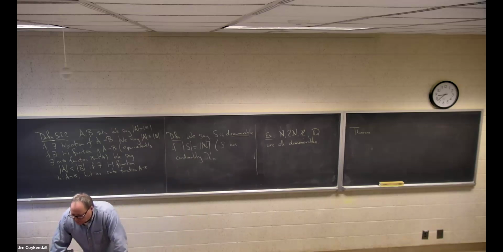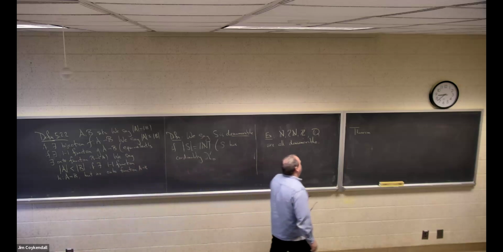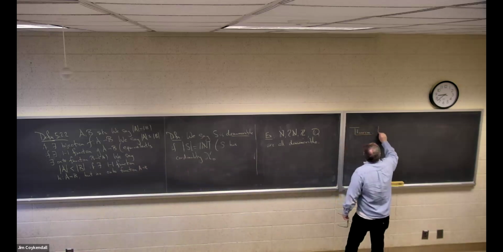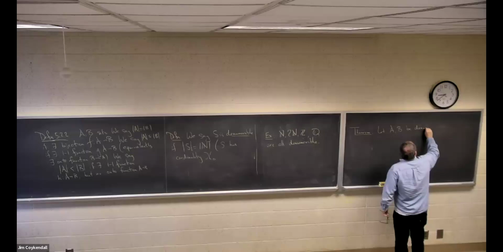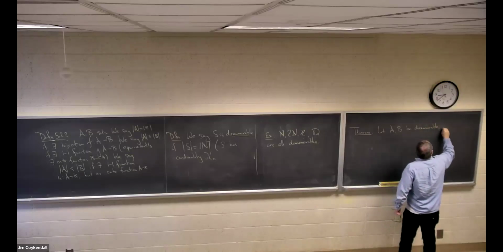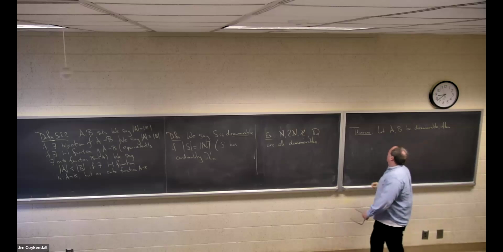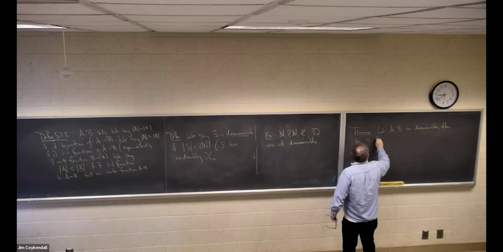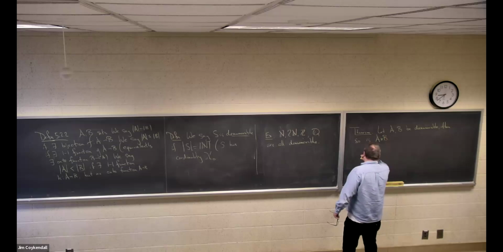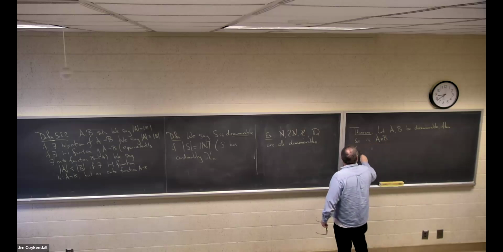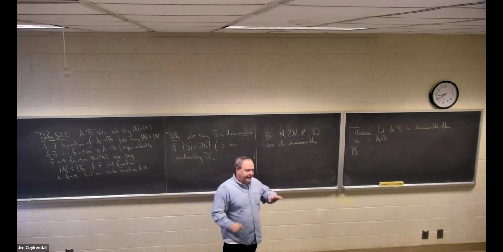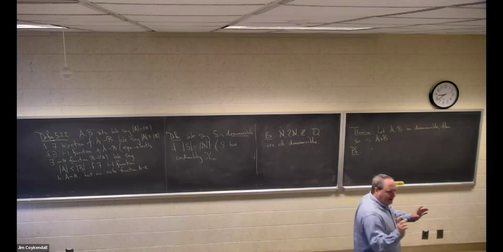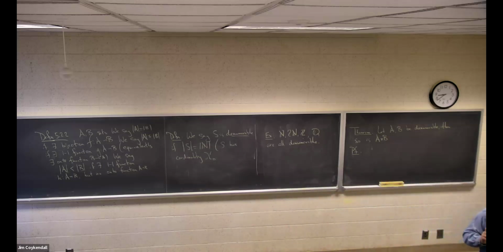Let A and B be denumerable, then so is the set A cross B. So if you have denumerable sets A and B, the set of ordered pairs is the same size.